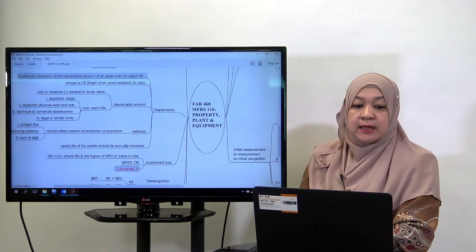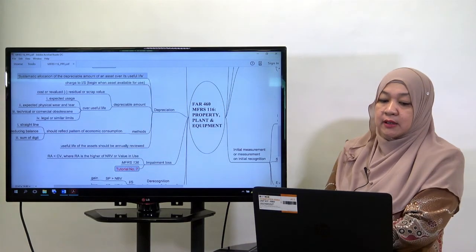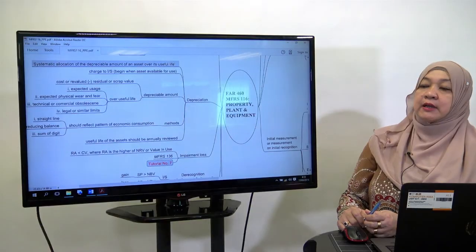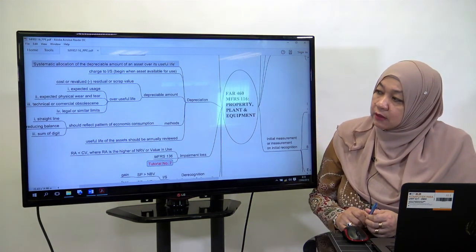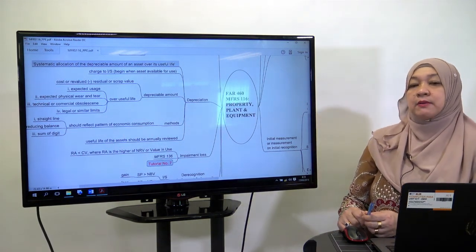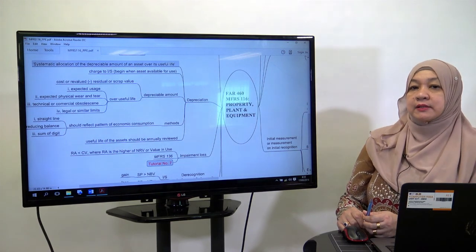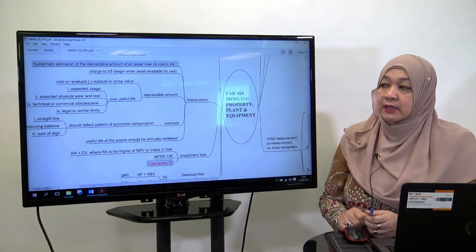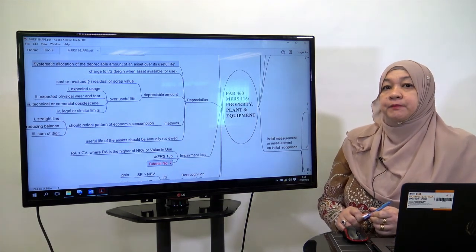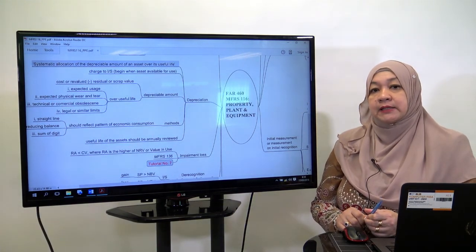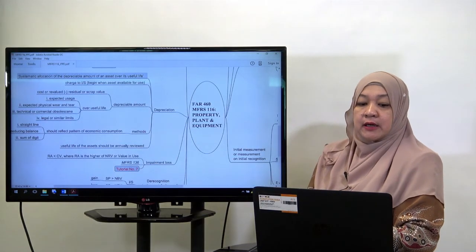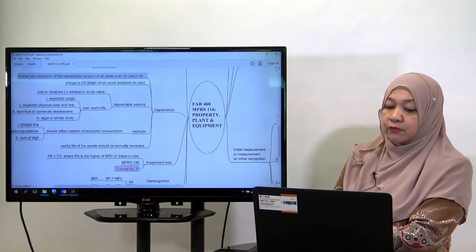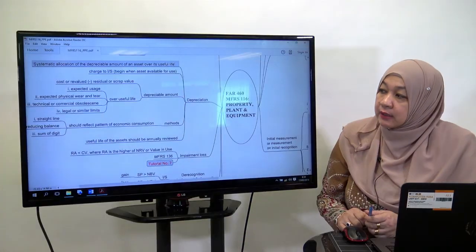Another factor is technical or commercial obsolescence, which normally applies to non-current assets such as computers, because computers evolve very fast, and because of that, the parts can easily become outdated. Another way is we look at the legal or similar limits.